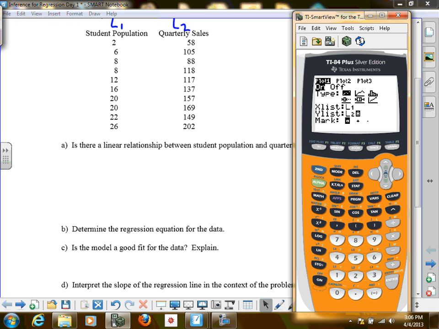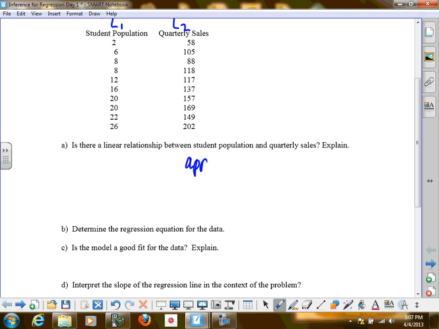And then how do I look at those statistics? Zoom 9, very good. Okay, now I actually have my equation in there already. Let me get that out. Okay, so there's your data. So does that give you an initial indication that there's something linear going on? It appears to be that way. Okay, so we can say that it appears linear from the graph.